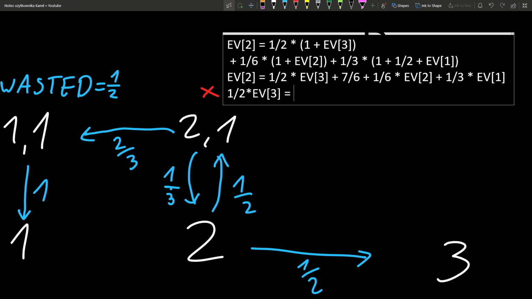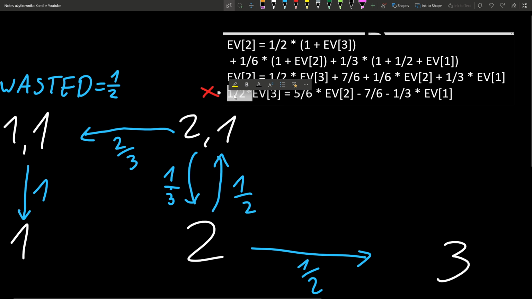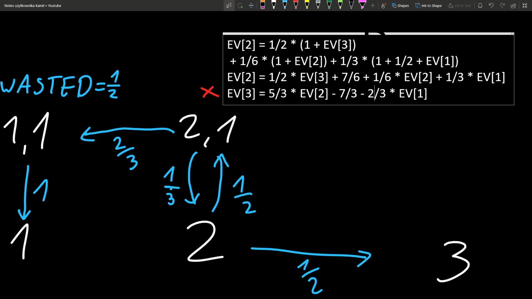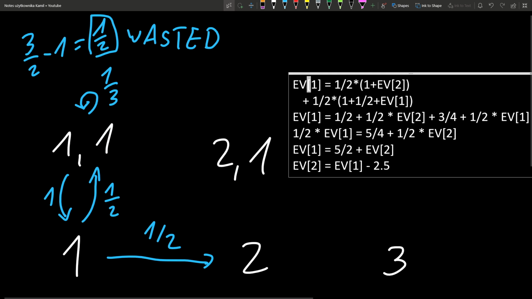Then it will be 5/6 times EV of 2 minus 7/6 minus 1/3 times this. Multiply everything times 2. And we get that. What was EV2? I don't remember anymore.